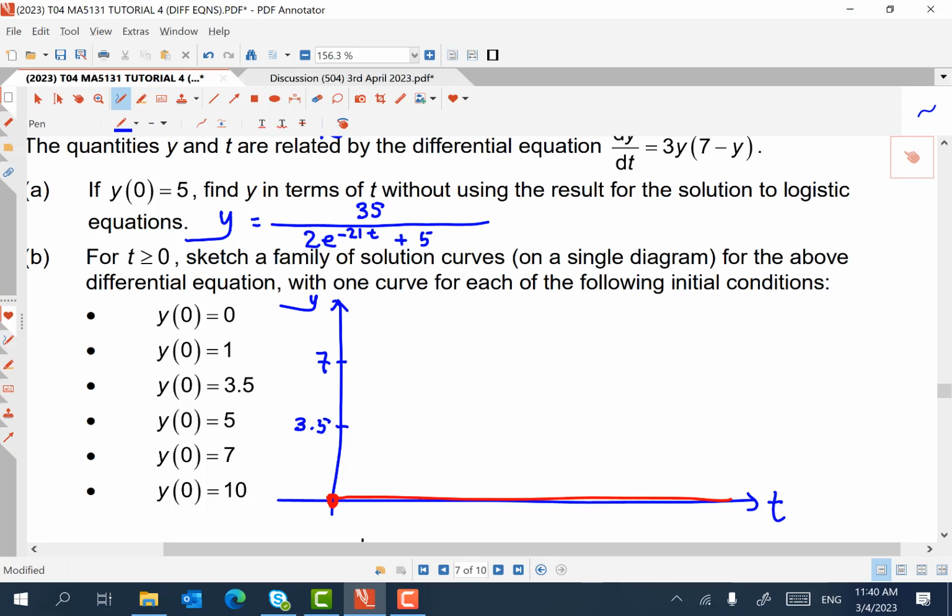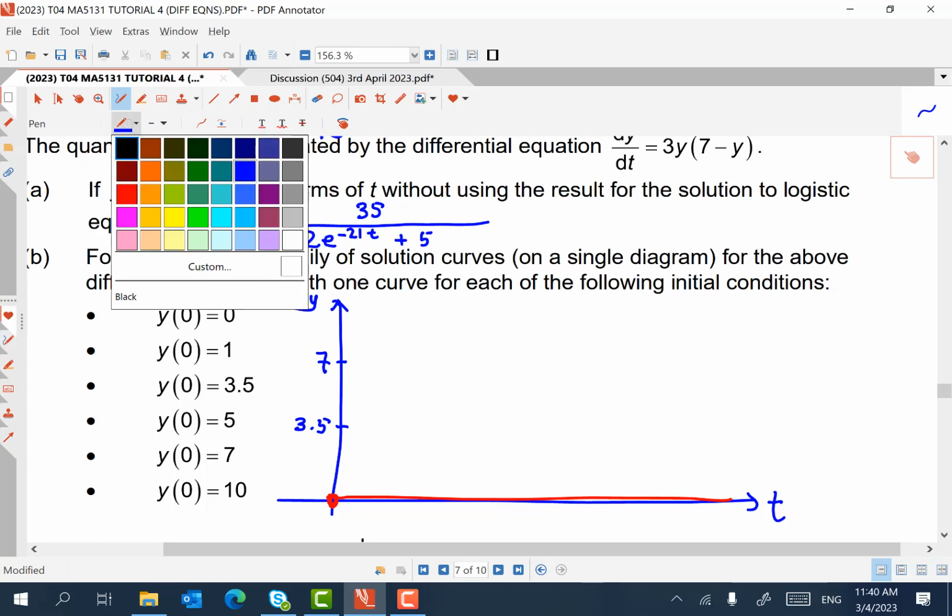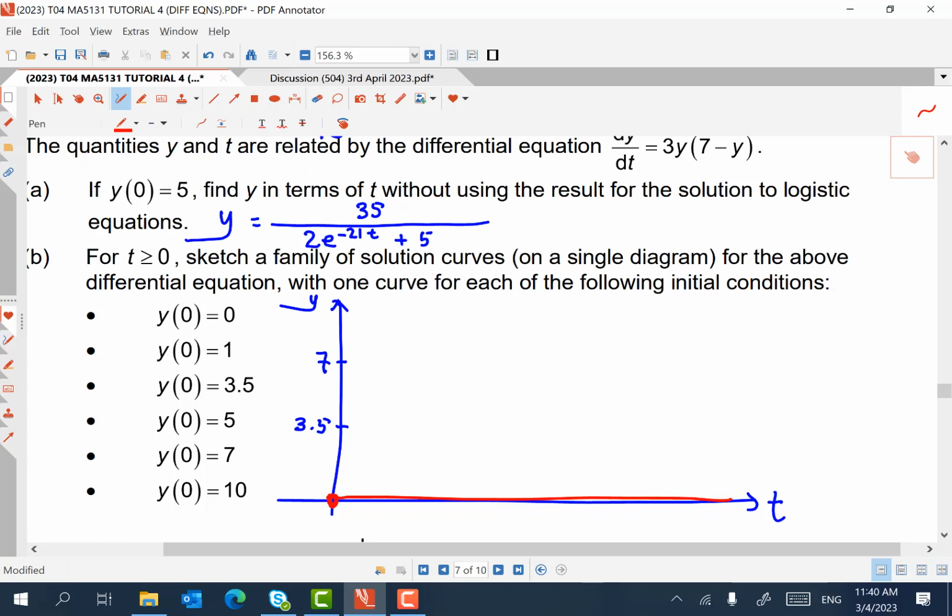Okay, try drawing the rest. This is the case where y0 is 0. So draw the rest of the graph. You draw first, then we go through together. I try to avoid drawing on the left side of the axis because there is no negative 5.